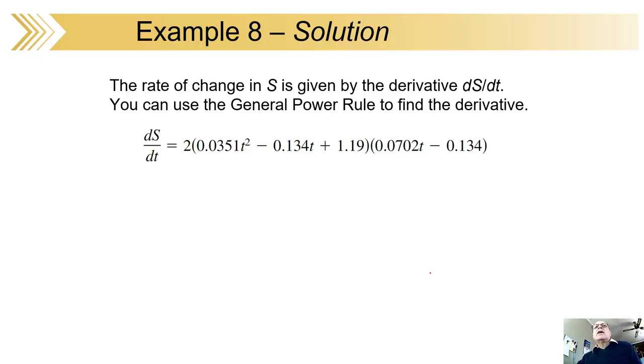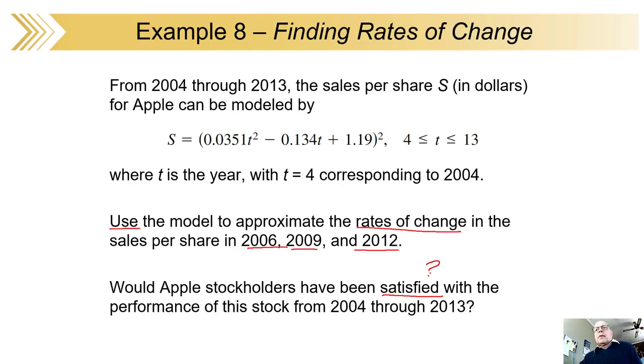We look back here, well, notice right here, here's our S. Another way of putting that is it's the sales figures as a function of T. We want the rate of change for 3 of those years.